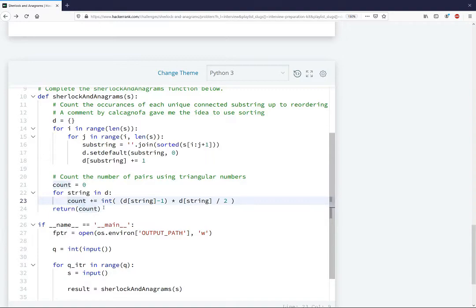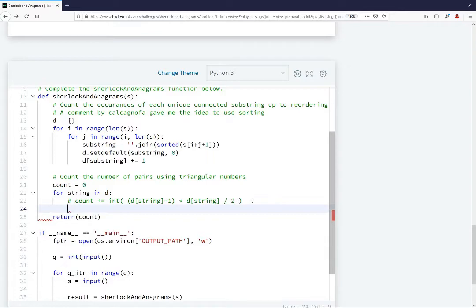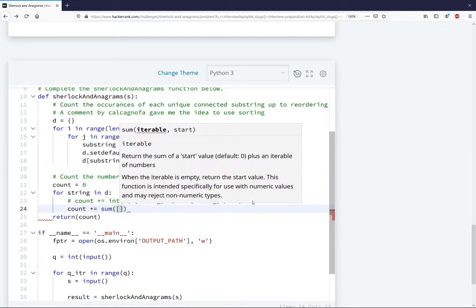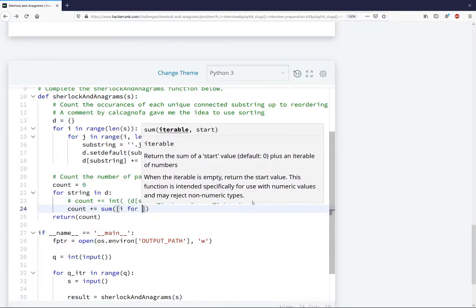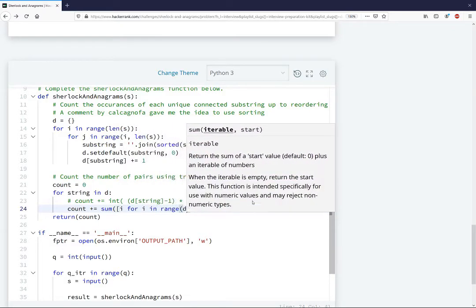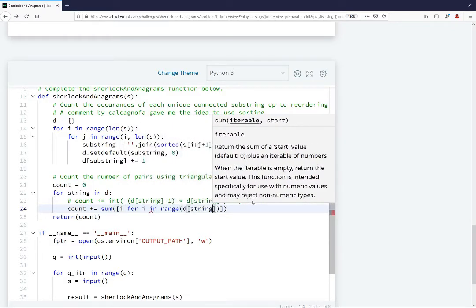However, if you're in an interview scenario, there's no reason to know the formula for triangular numbers. So what I did, even the first time I wrote this, was I just took the sum of i for i in range of d string.